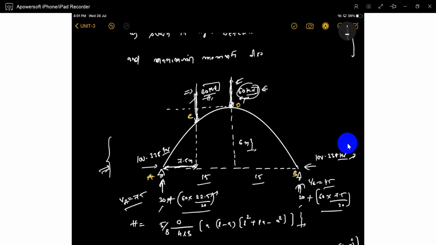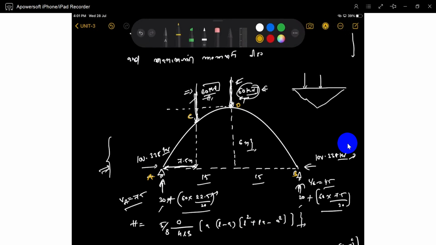The same procedure as Eddy's theorem says. Someone is applied, see, the loading is acting. How does the bending moment vary? You have to just imagine how the bending moment profile looks like. Bending moment is like this type. That is the bending moment.